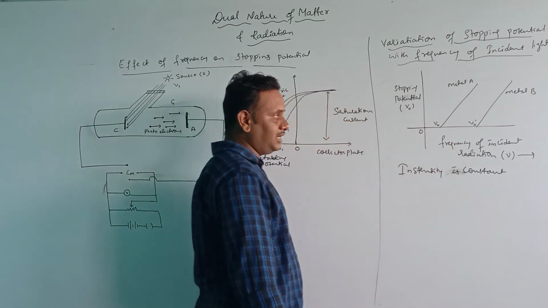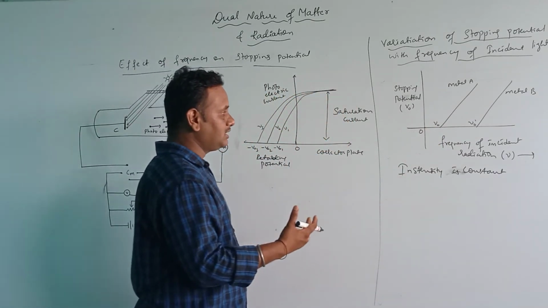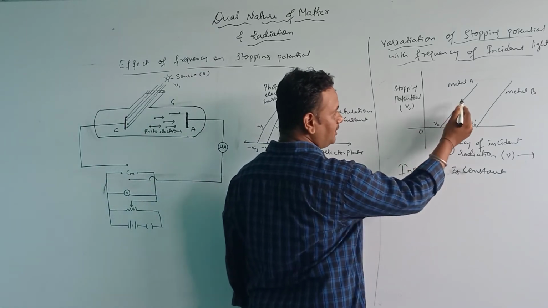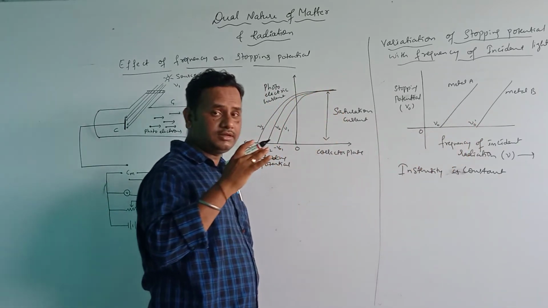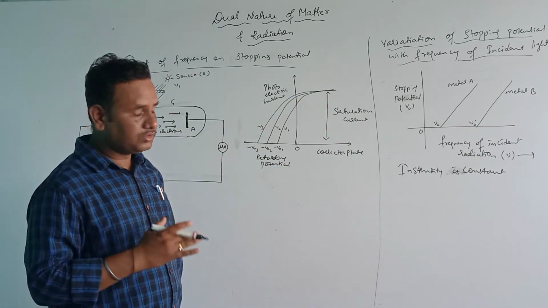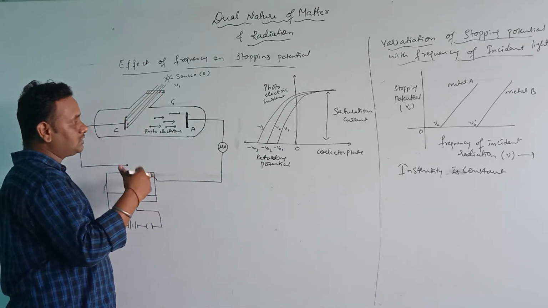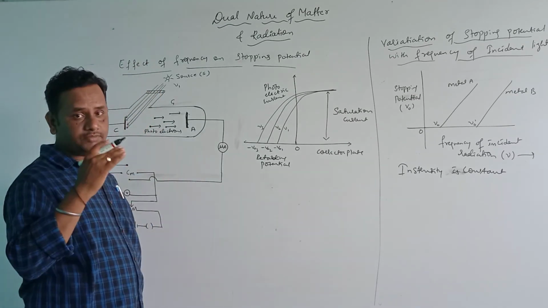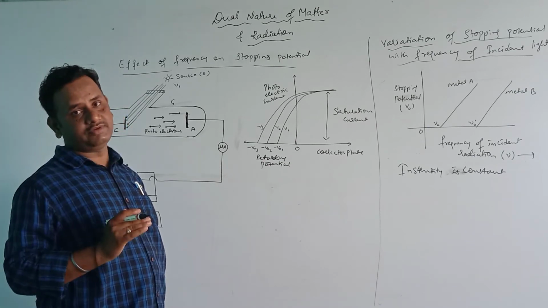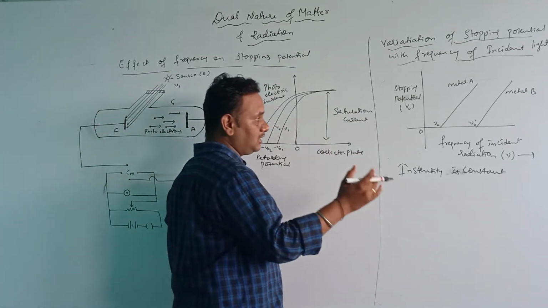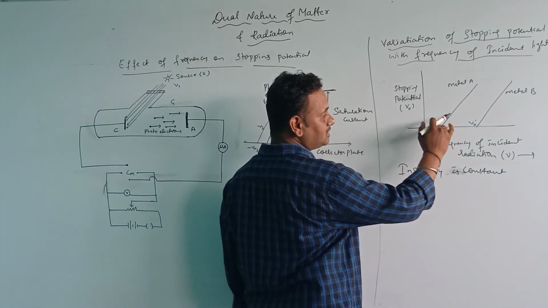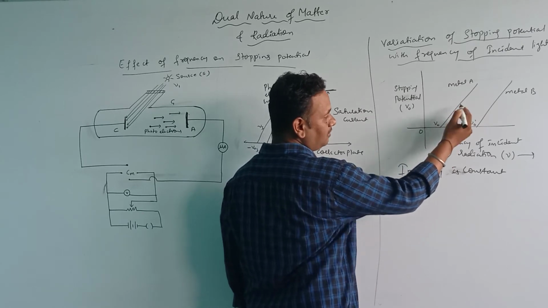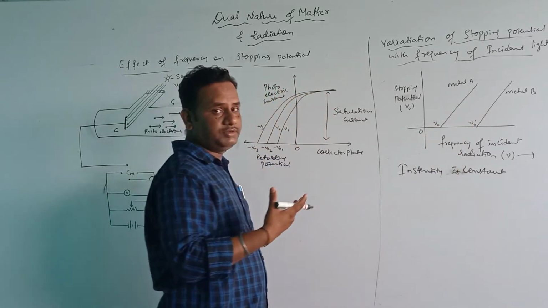This implies that photo emission takes place only above a certain frequency. The electrons are going to be emitted only at some minimum frequency. When the frequency crosses the minimum frequency, then we can say that photoelectron emission takes place.